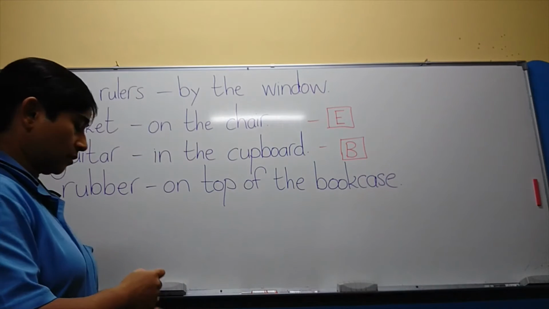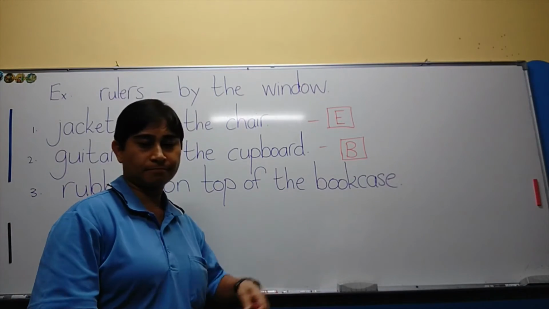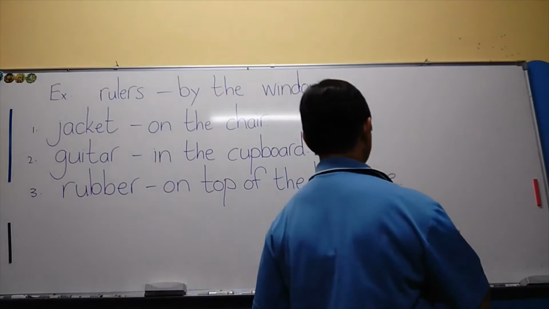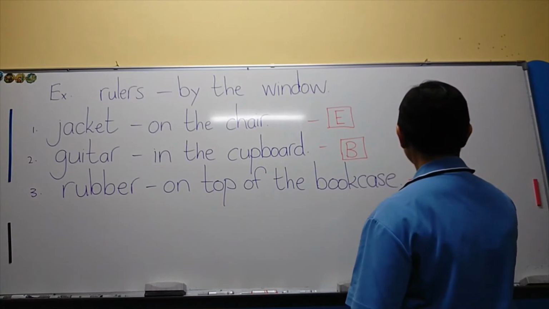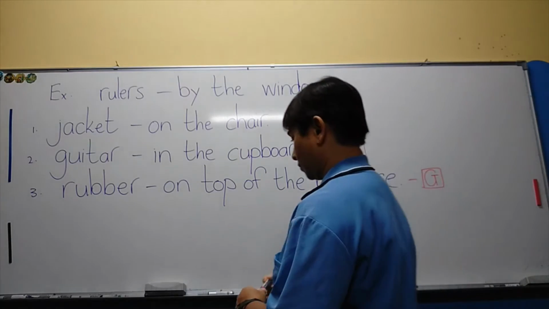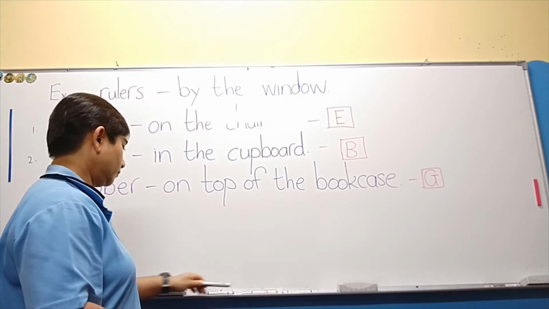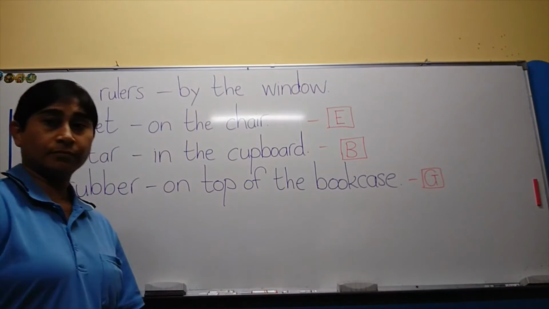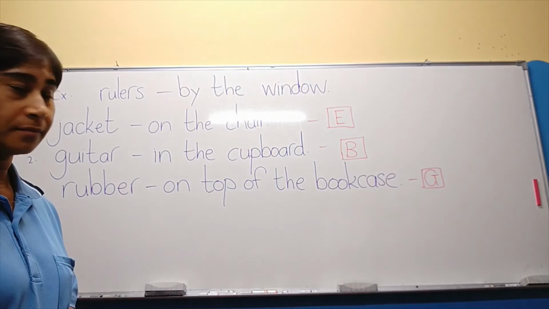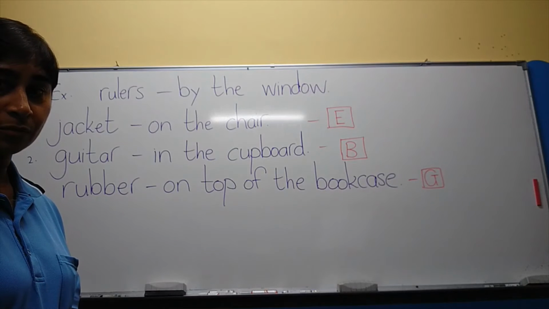On top of the bookcase. What's your answer? The answer is G. So in your square, you should have G. Okay? All right?